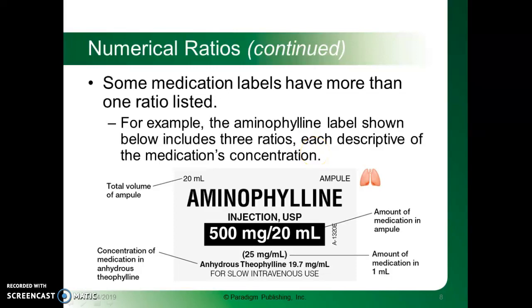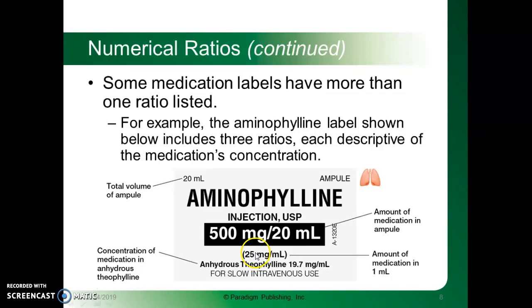So some medication labels have more than one ratio listed. For example, the aminophylline label shown below includes 3 ratios, each descriptive of the medication's concentration. So as we see in this label, there are 3 different ratios. We have the 500 milligrams to 2 mLs.